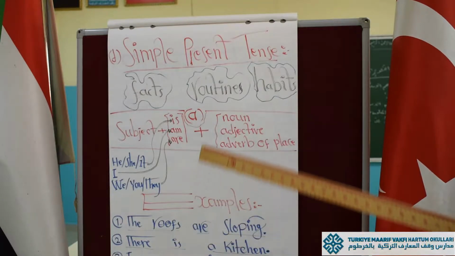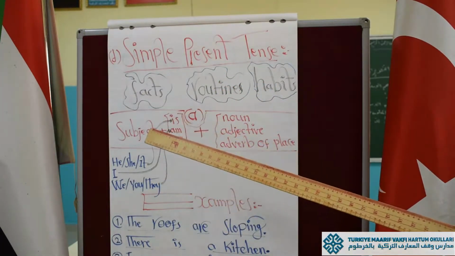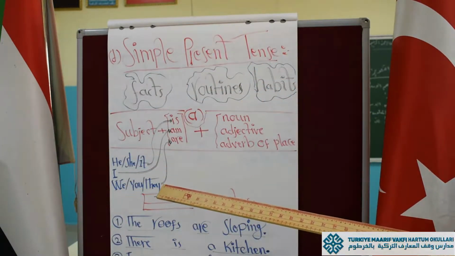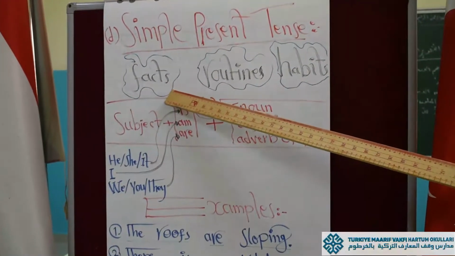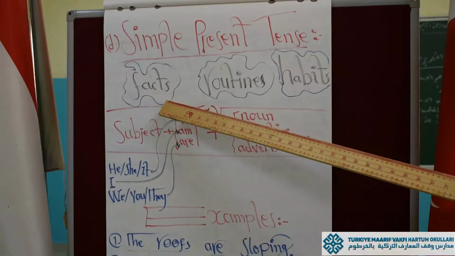Let's continue. And we have just said simple present tense. It is used to express facts, things which never change by time, through all the time when I say facts.